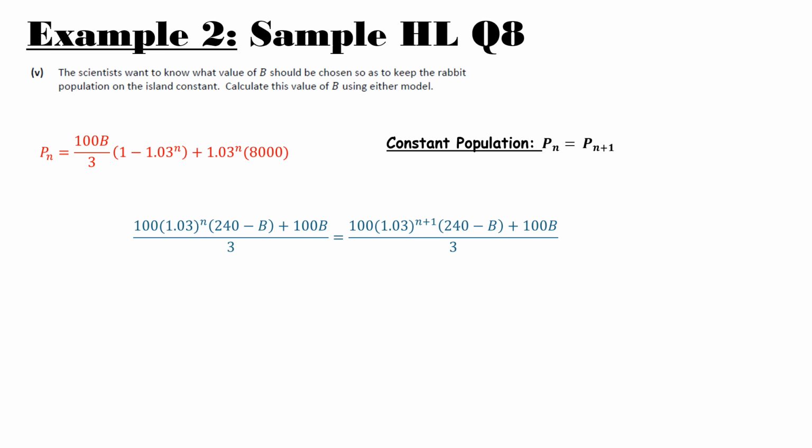So I'm going to simplify this by saying let's multiply both sides by 3, which gets rid of our fraction. And then there's a plus 10b that's being added to both sides, so that'll effectively undo each other. There is a 100 that's there. So what that leaves us with is 1.03 to the power of n. Notice how this bracket matches this bracket.